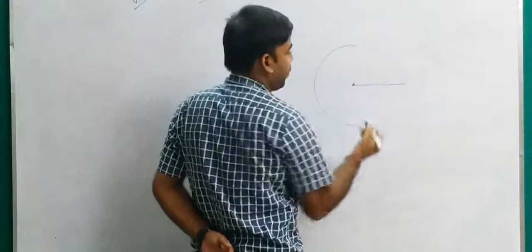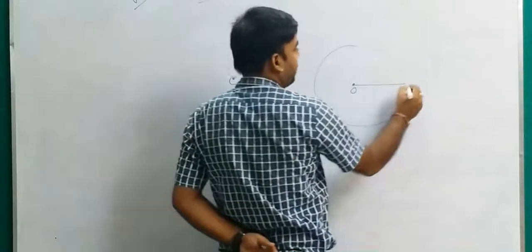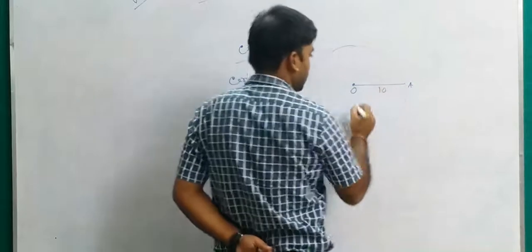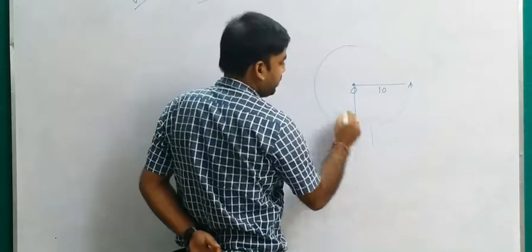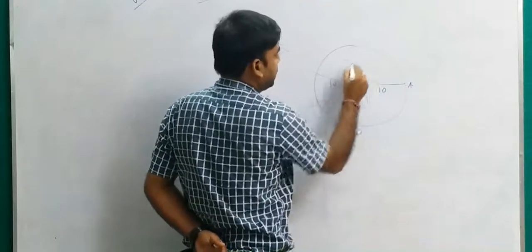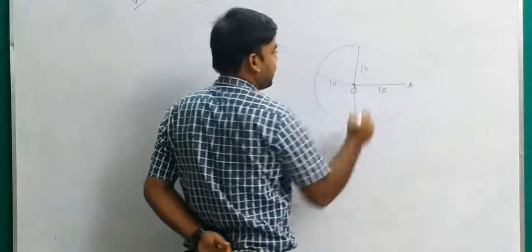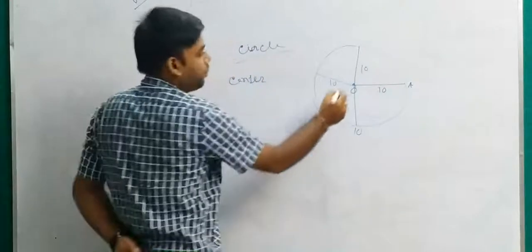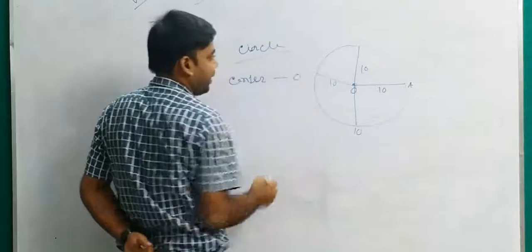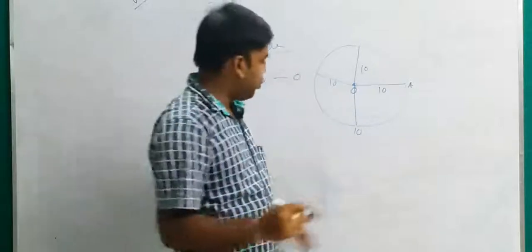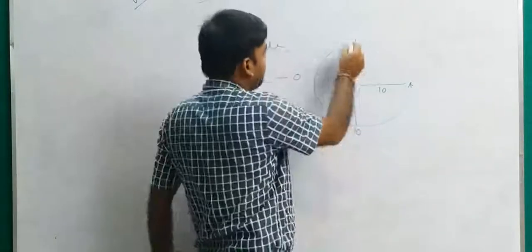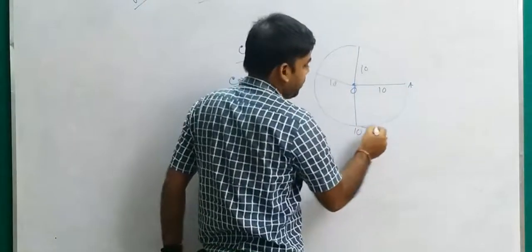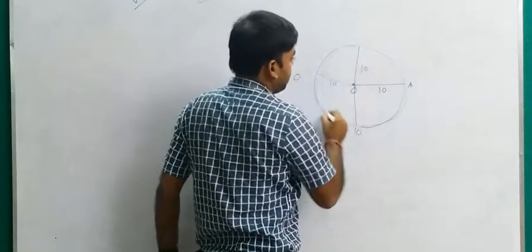If I draw a line from point O to point A and it is 10 centimeters, the other distances will also be 10 centimeters. So point O is the center, and the boundary line is called the circumference.